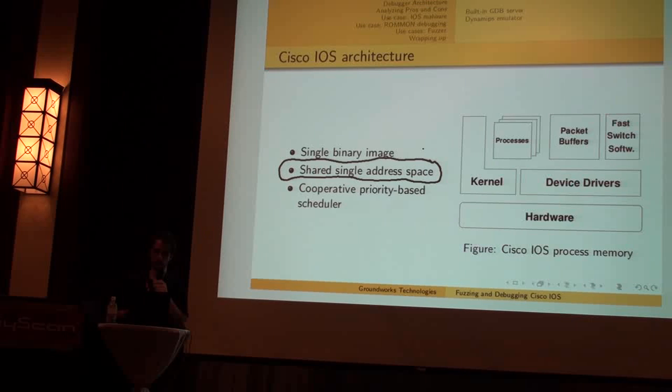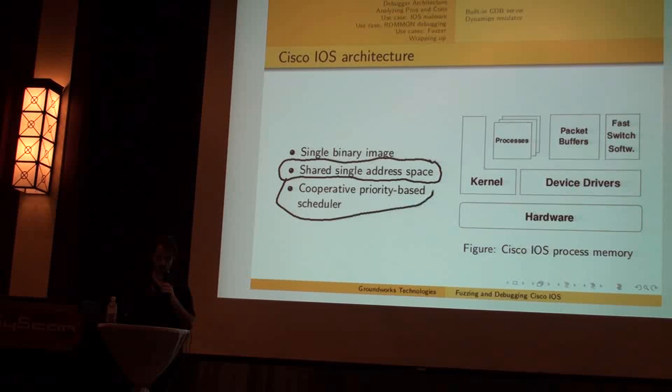There are newer versions of Cisco iOS that are much better and use, for example, QNX. There are some components that actually run QNX. But we are going to study the version of Cisco iOS that runs in most low-cost routers, routers that you will find in very common organizations.